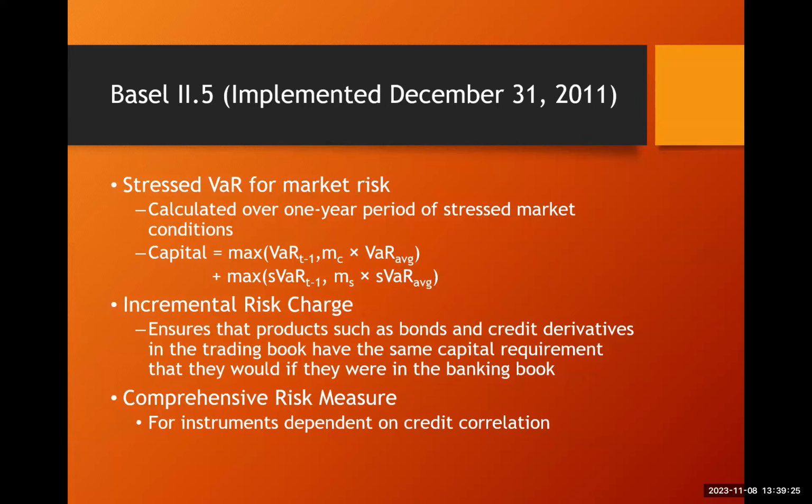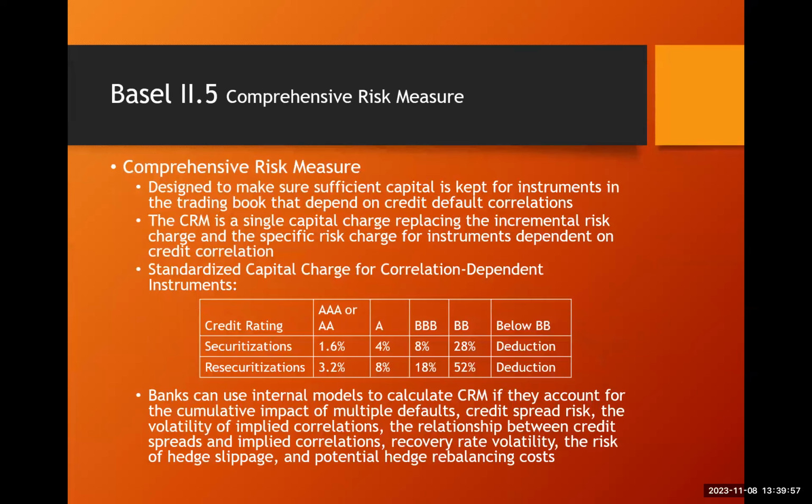The incremental risk charge was used to ensure that products such as bond and credit derivatives had the same charge as if in the trading book as they would in the banking book, which we discussed also with Basel III. And then there was a comprehensive risk measure, which had to do with credit-dependent instruments, things like an ABS or a CDO. So as an example of the comprehensive risk charge, you can think of a securitization as an ABS.